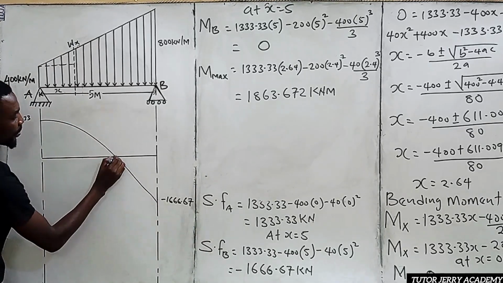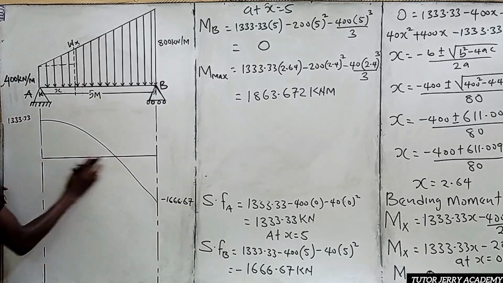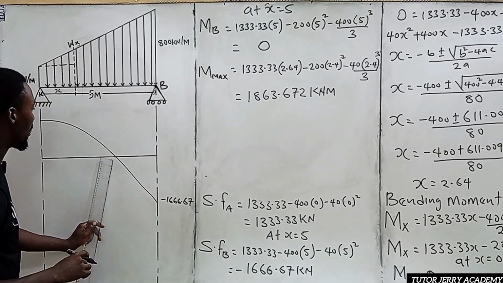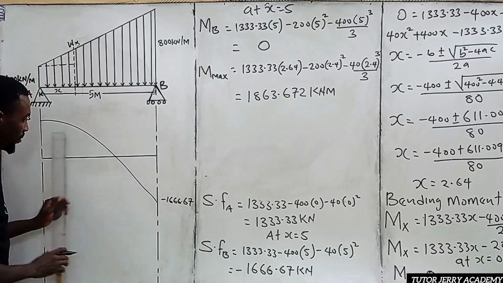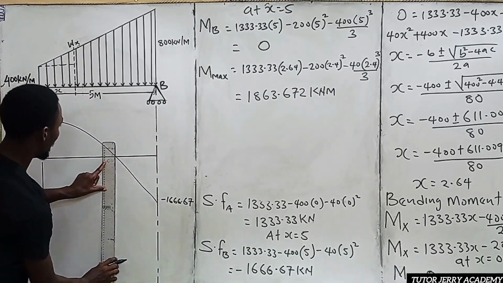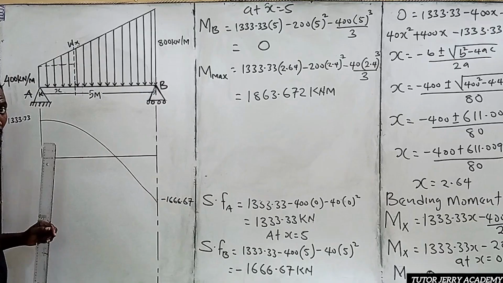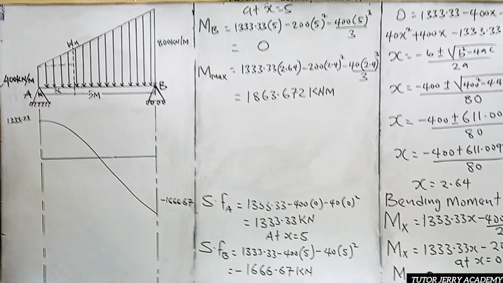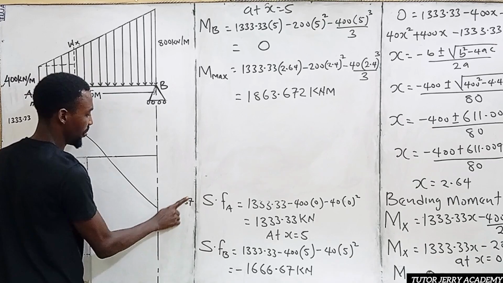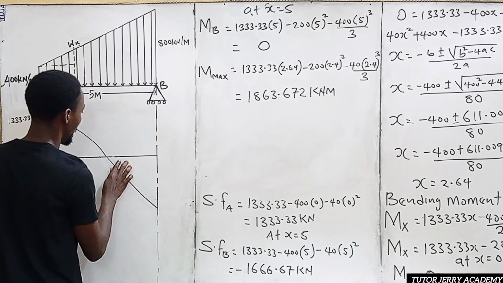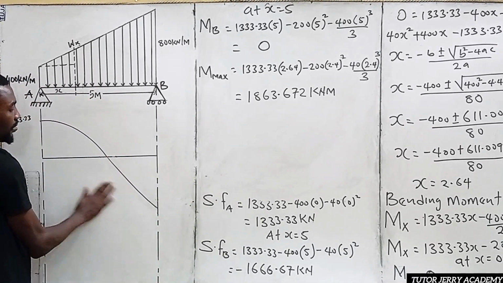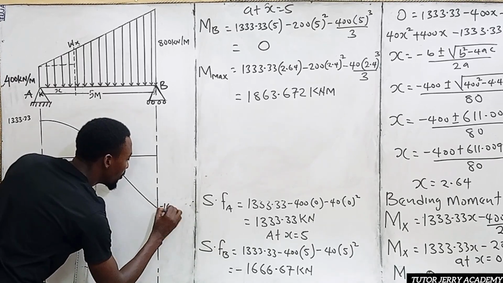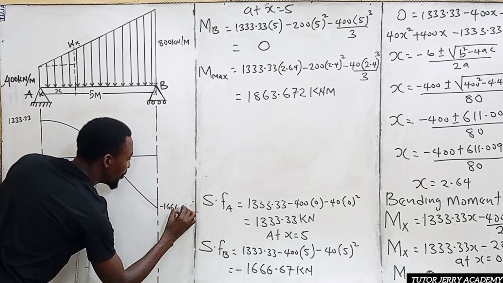So let's just take this point to this point to be our 2.64. We can therefore trace this down. Let me rewrite this here. So this is minus 1666.67.